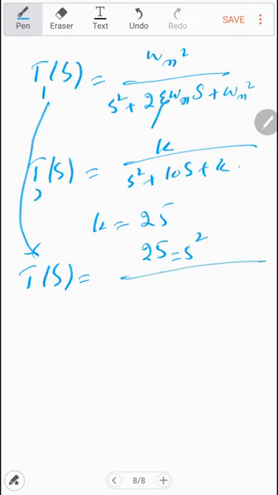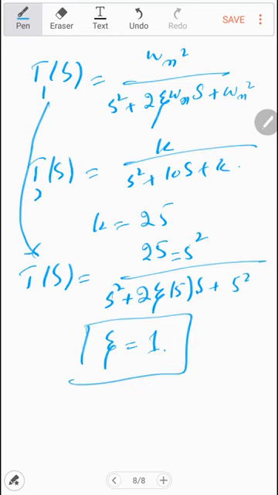So omega n is 5, and this will be equal to 2 zeta multiplied by 5, plus 5 square. So what is the value of zeta? Zeta is equal to 1.